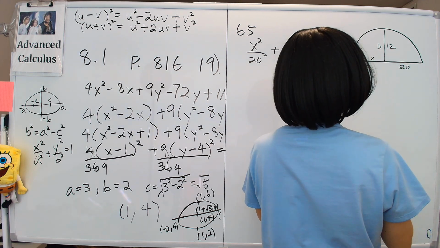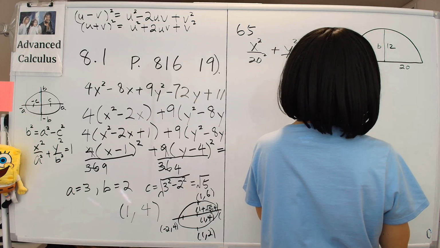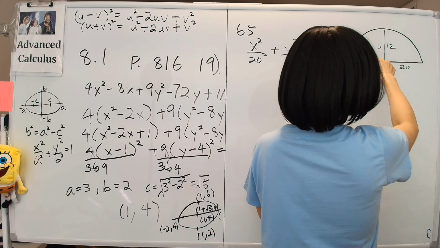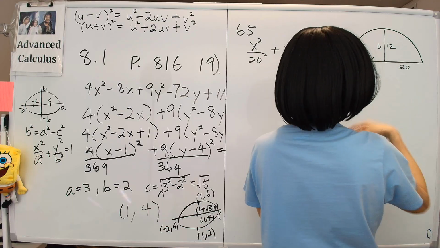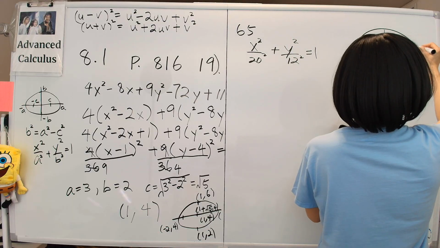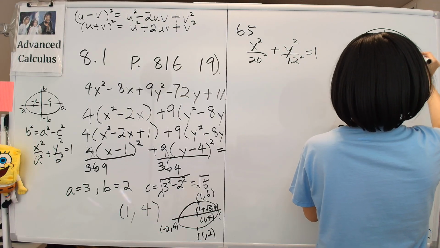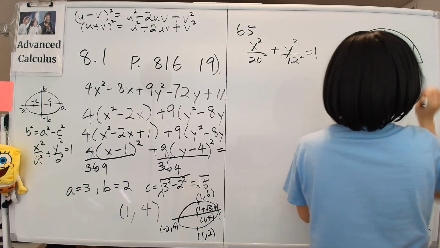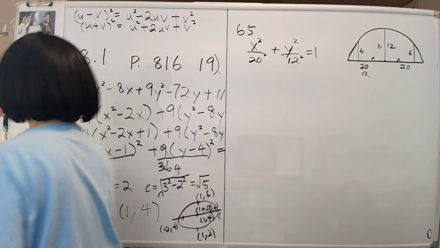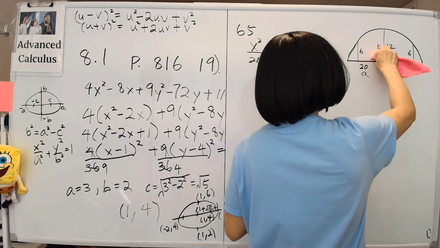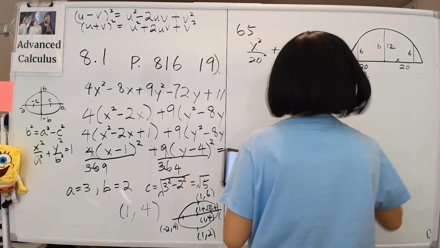Whatever x is, the value of this part gives the height of 6 feet. Or maybe we should draw over here. Same thing, but this is 6 feet. Then x is positive on this side and negative on the other side. But it's just the distance that we want. It's the same on either side.